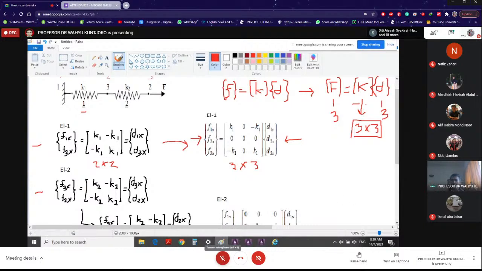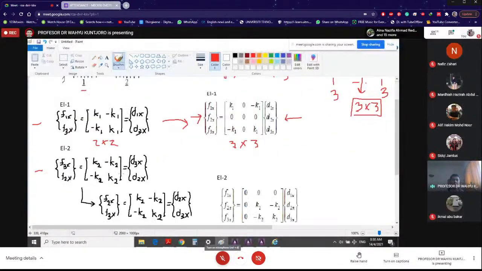Fine. Next, we are going to do element number 2. Element number 2 is given here. What we will do now is expand element number 2 from 2 by 2 into 3 by 3.